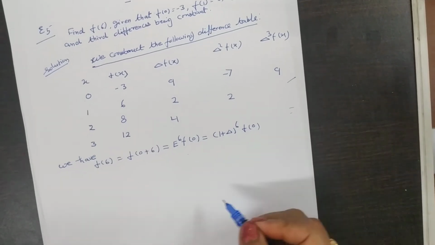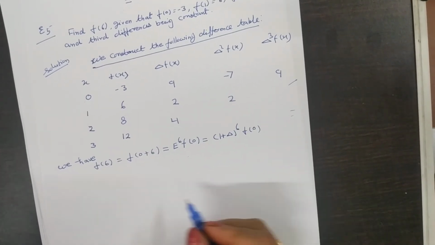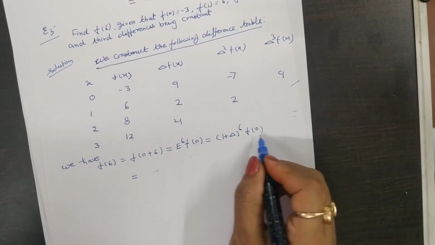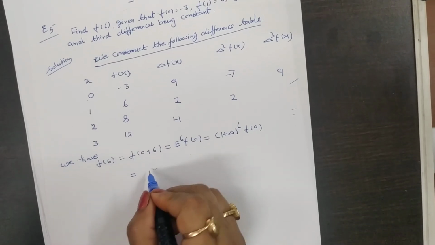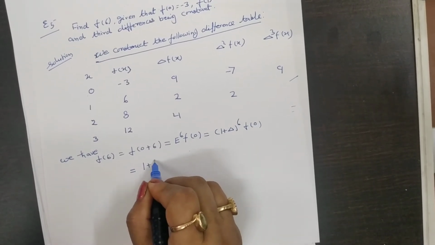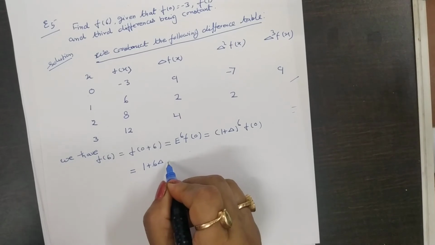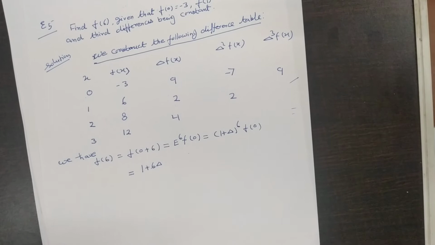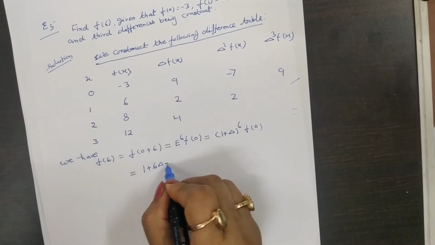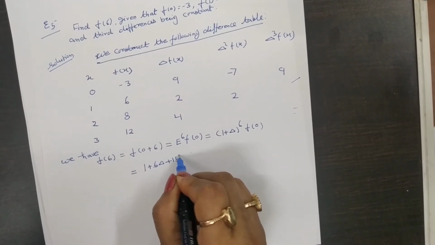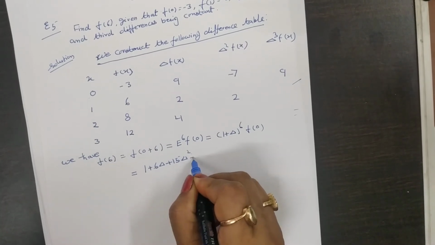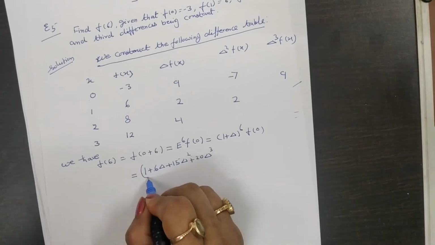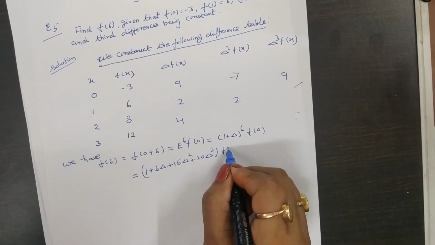Now you can expand (1 plus delta) to the power 6, then you get 1 plus 6 delta plus 15 delta square plus 20 delta cube, operating on f of 0.